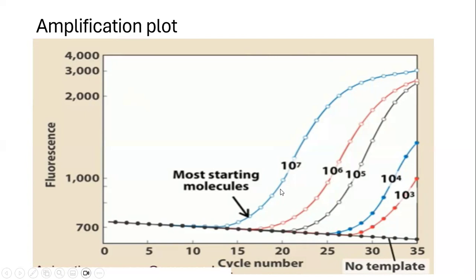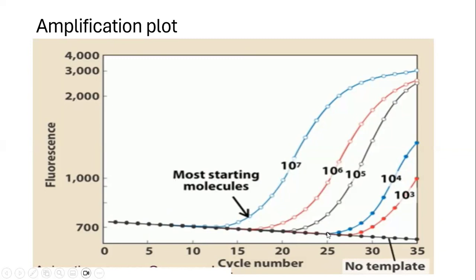Suppose we are comparing these 2 lines. To reach a signal of about 1000 fluorescent units, the cycle number required by the blue line sample is about 19 cycles. While if we compare it with the red line, to reach the same signal, it requires approximately 24 to 25 cycles.